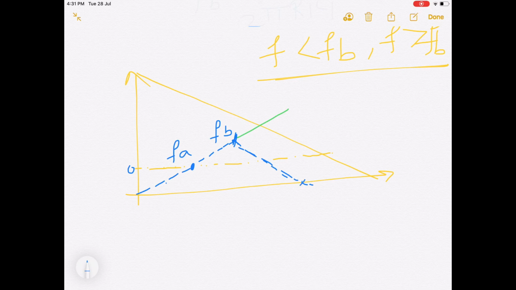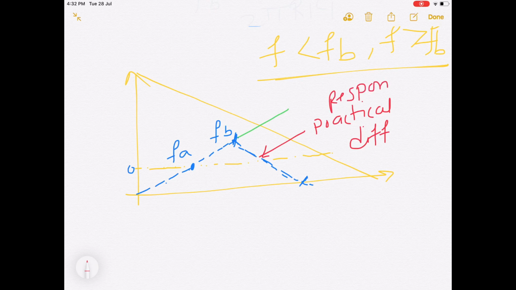Then it reaches this point, fb. These are the two main frequencies we require for design purposes. This response we can call the closed loop response of the practical differentiator.